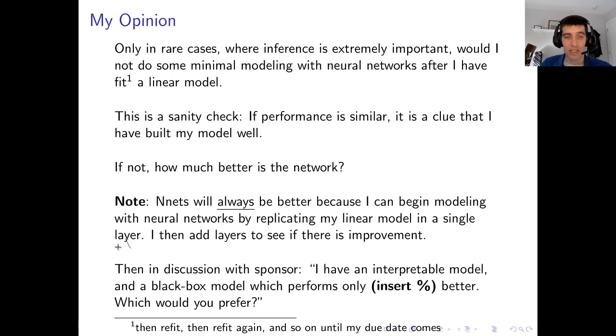And then I'll just present. In my discussions working with research sponsors, I'll say, okay, I have a model on one hand which is more interpretable. But on the other hand, I have a model which is more of a black box, which performs X% better. Which do you prefer?